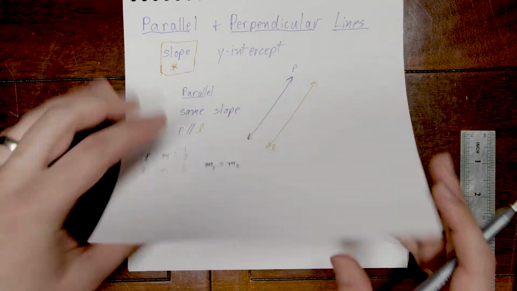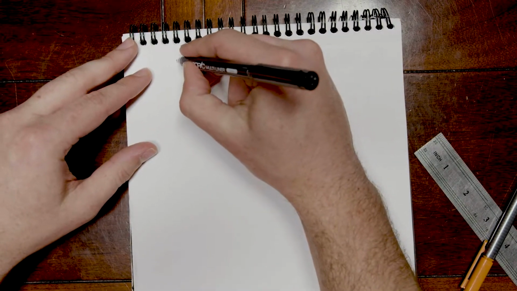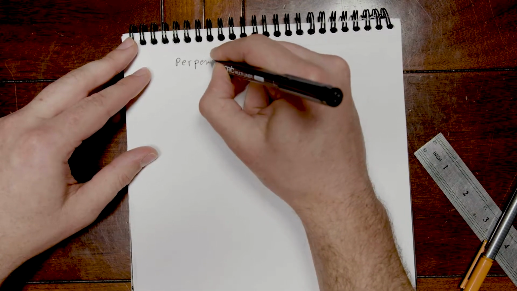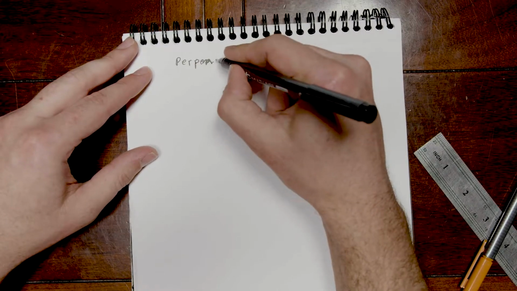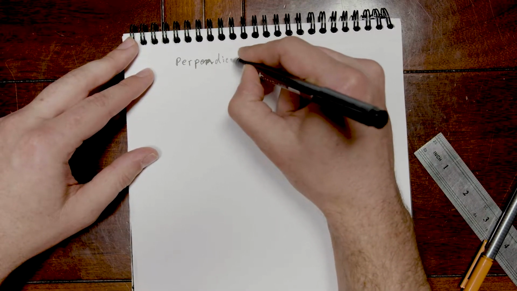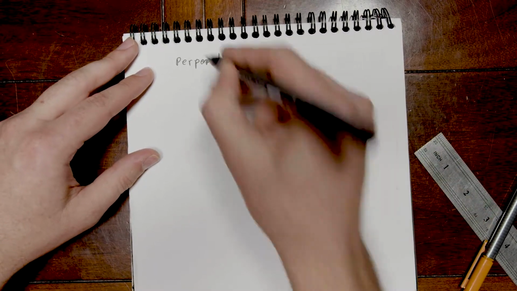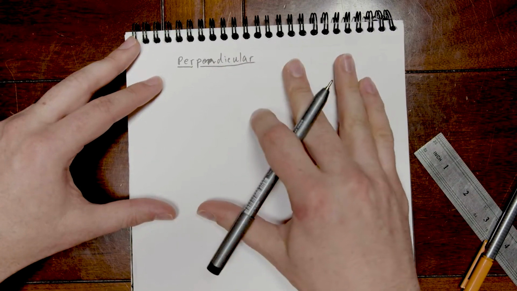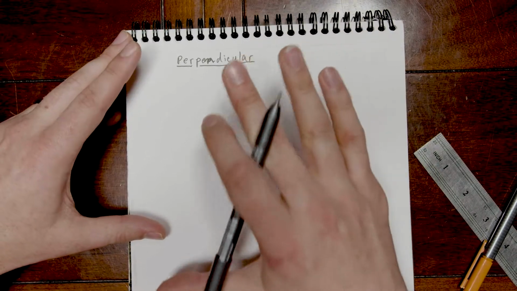So for perpendicular lines, this is our next idea. For perpendicular lines, I'm going to write the definition, and then I'm going to draw a picture with some actual numbers, and we'll get the example.